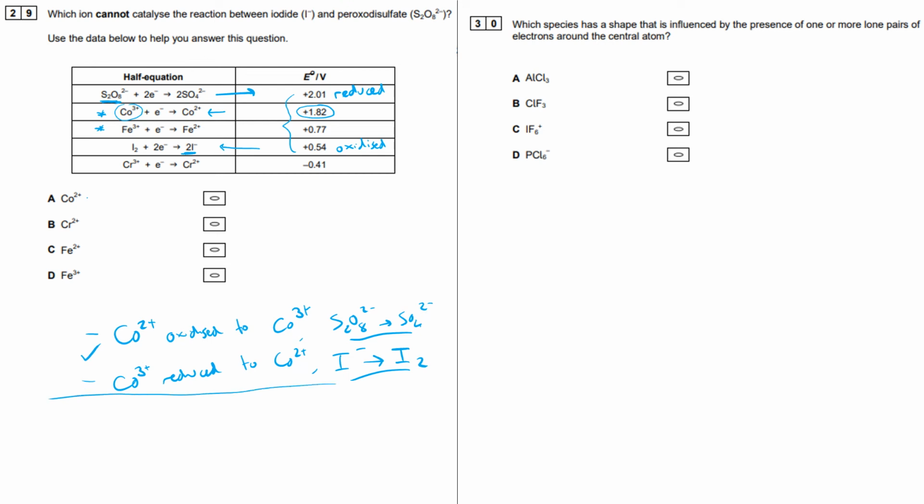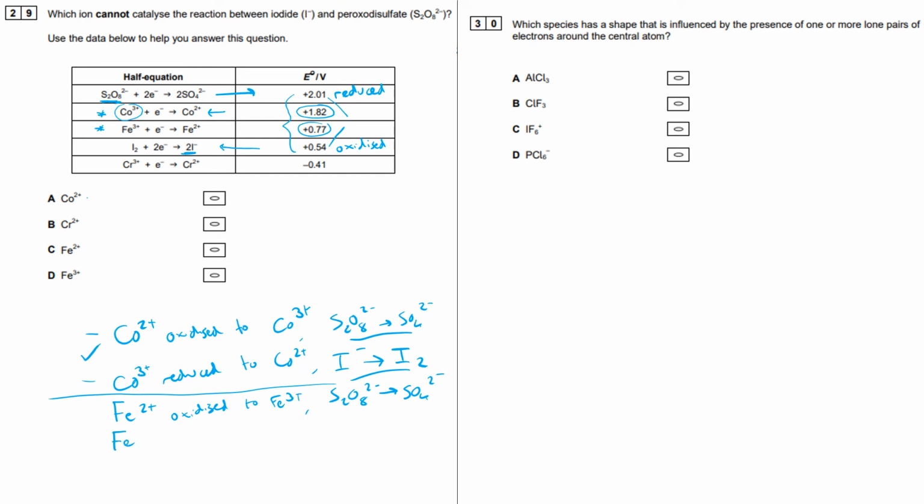A similar thing happens with Fe3+ and Fe2+, because the value is between the two values for iodide and peroxydisulfate. So your Fe2+ would be oxidized to Fe3+. The peroxydisulfate is a more positive value, so that is reduced to sulfate.